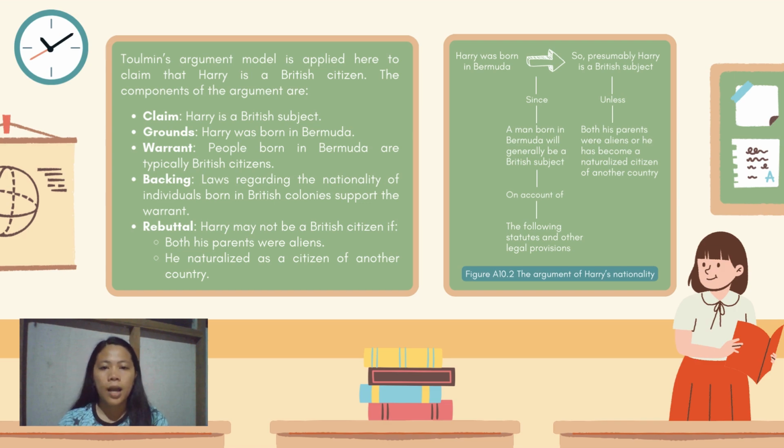Rebuttal: Harry may not be a British citizen if both his parents were aliens, or if he naturalized as a citizen of another country. It is shown here in Figure A10.2, the argument of Harry's nationality.